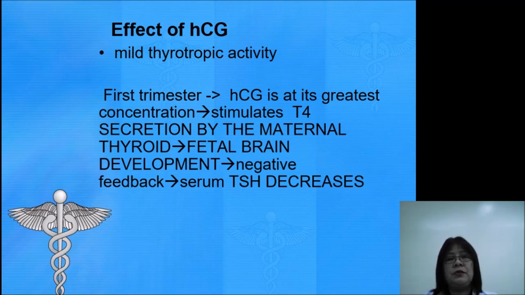Why is it that you have to produce this T4? Because it is important for the brain development of the fetus. As a result, if you have a high amount of thyroxine, this will produce a negative feedback, which will cause a decrease in your TSH.